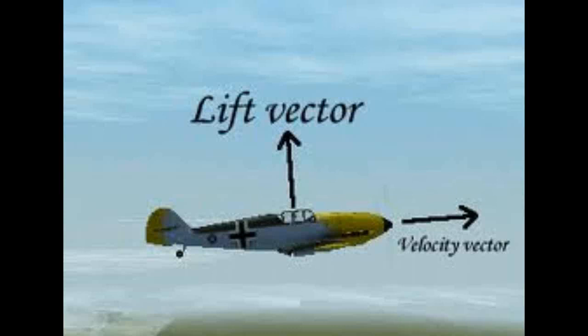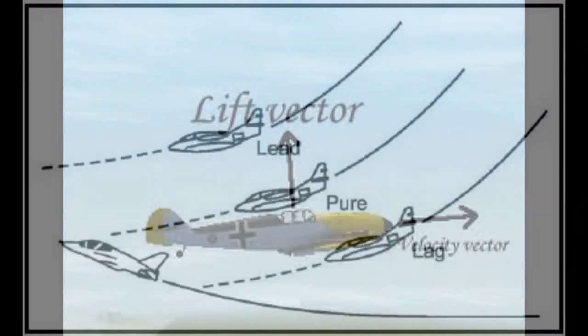Actually, the angle between the velocity vector and the axis vector of the plane is what we saw in other lessons, the angle of attack. Those are the two vectors we are going to see a lot in ACM, and we are going to use them for understanding different types of pursuits. They are important for energy management, energy fighting, and advanced combat maneuvers.